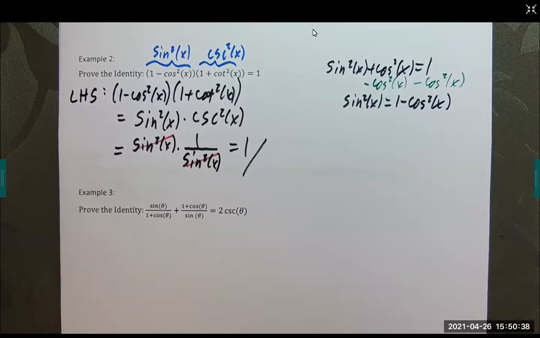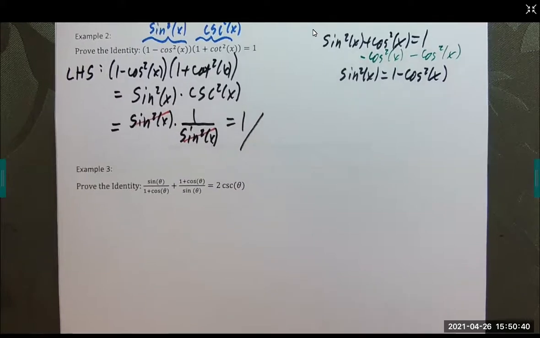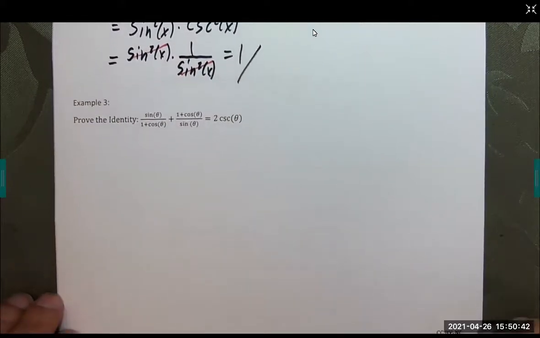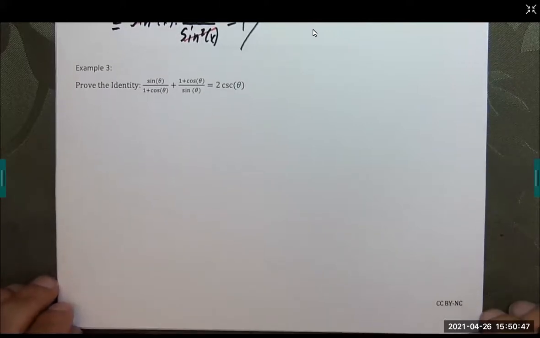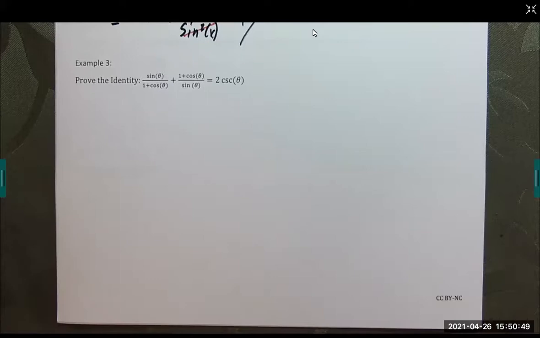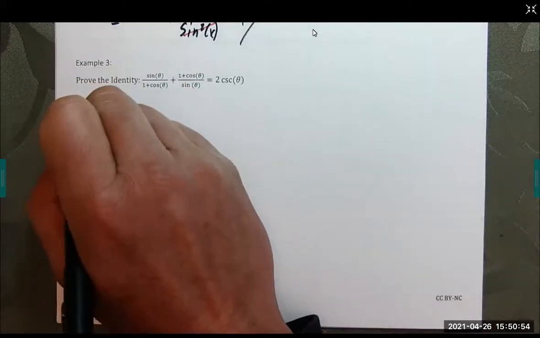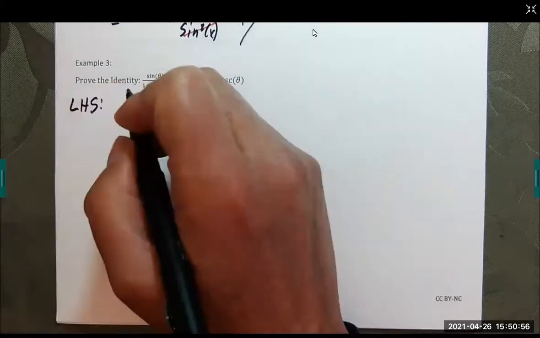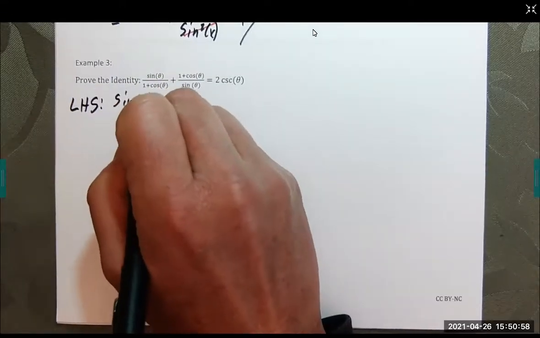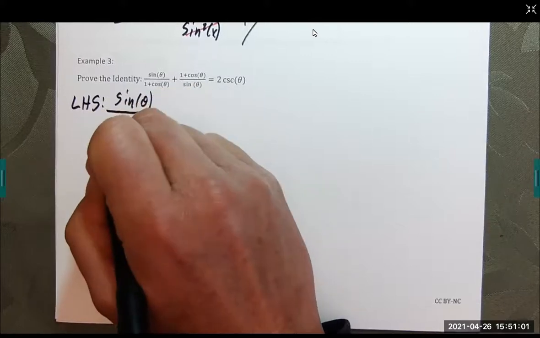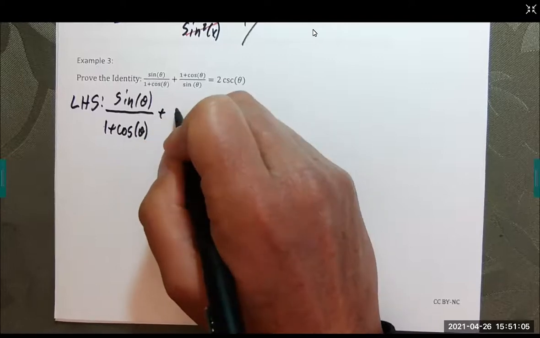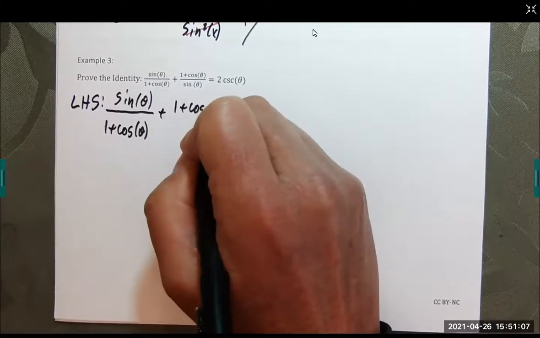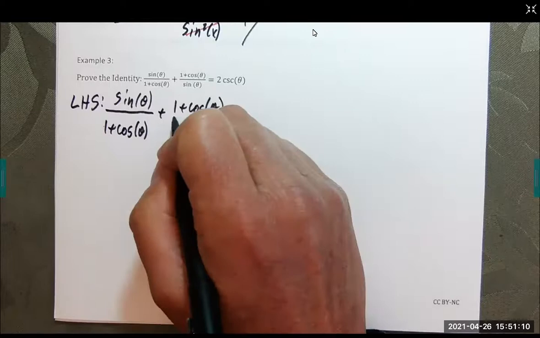For this next one, we want to keep in mind another trick: if everything already is in terms of sine and cosine, which it is here, and we have a fraction, we can get a common denominator. And that's exactly what I'm going to have to do in this case. So once again, the left-hand side, I have sine theta over 1 plus cosine theta plus 1 plus cosine theta over sine theta.